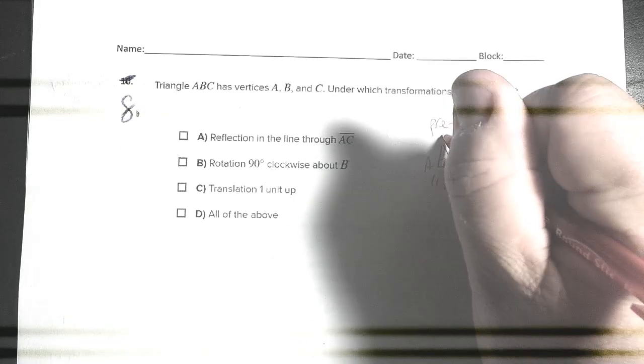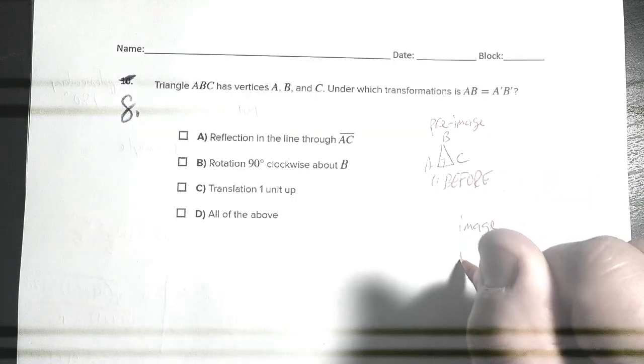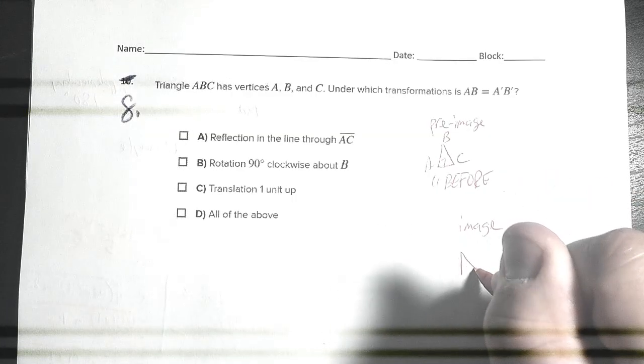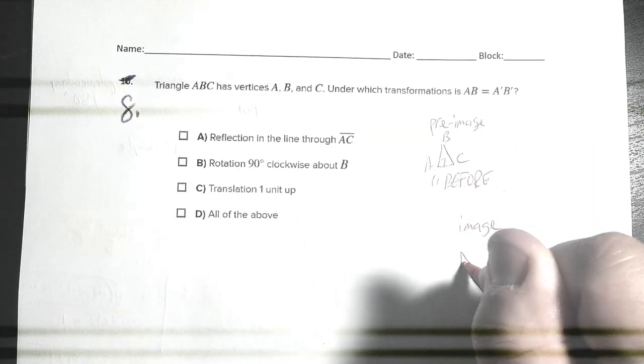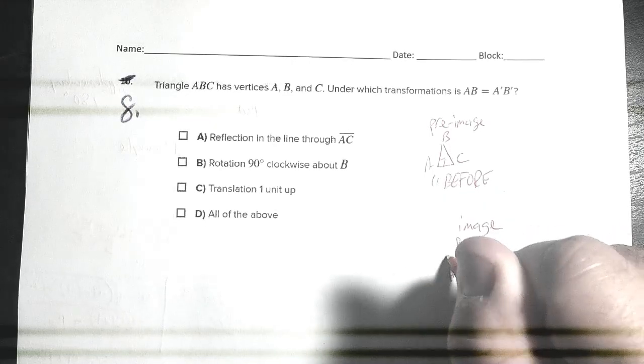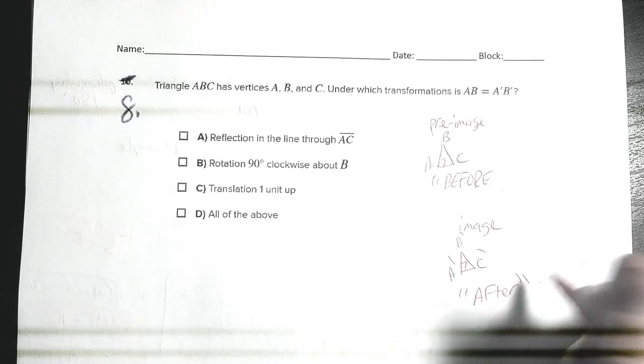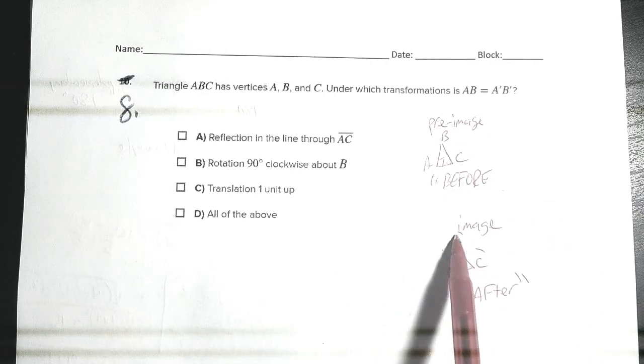That's A, B, C. And then the image, so it's going to look the same, but we say we move down here. So it's A, B, C, but it's A prime, B prime, C prime. That's the after.